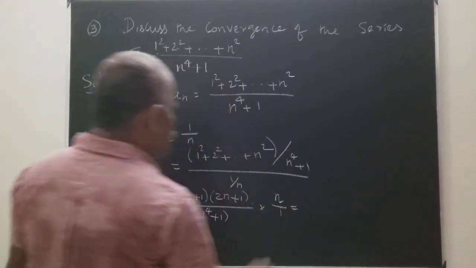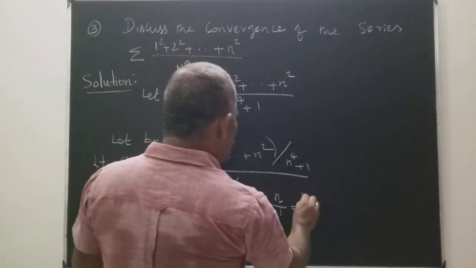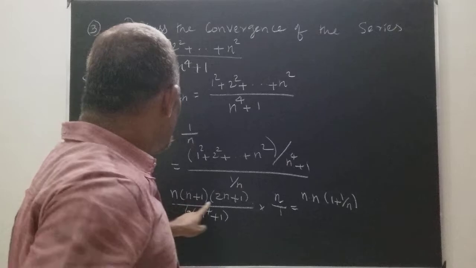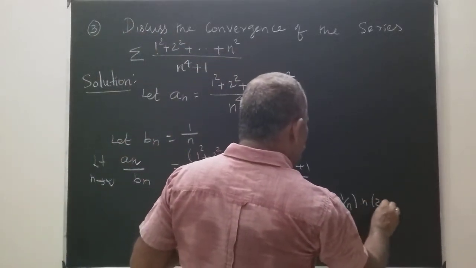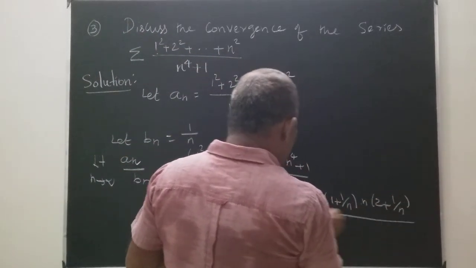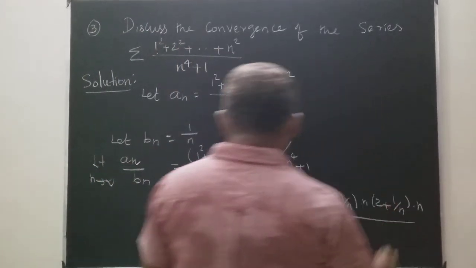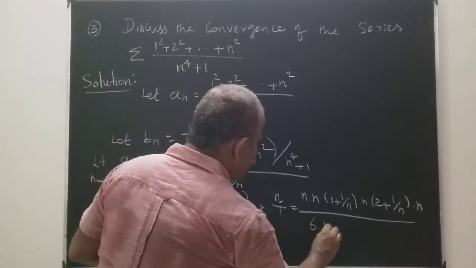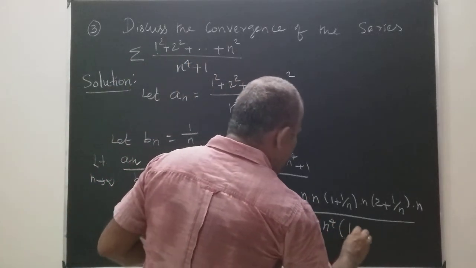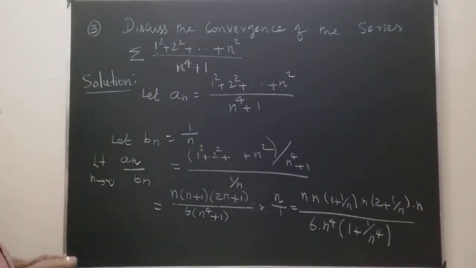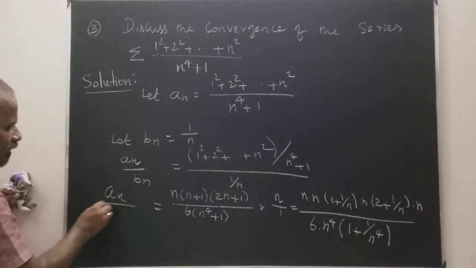Again this is equal to n into n into (1 plus 1 by n) into n into (2 plus 1 by n) divided by n into n divided by 6 into n power 4 into (1 plus 1 by n power 4). Okay, so this is nothing but an by bn.